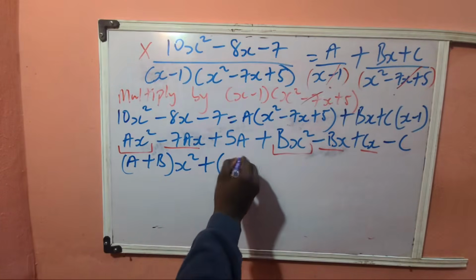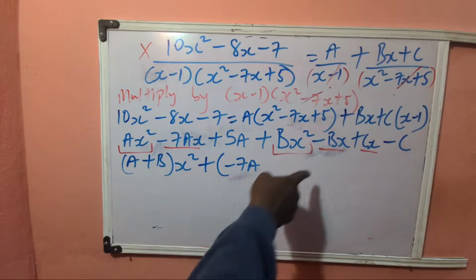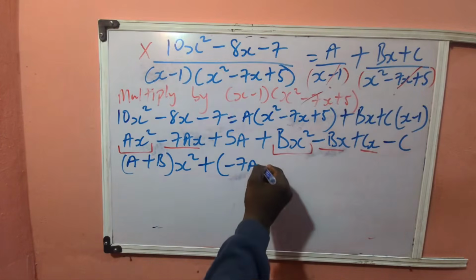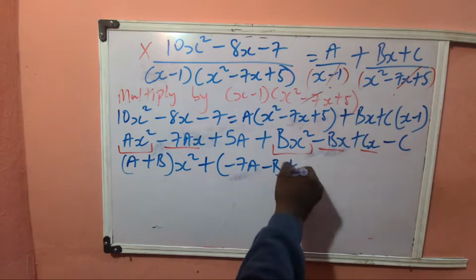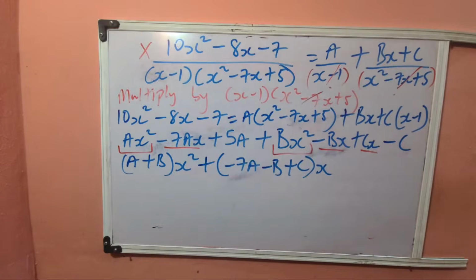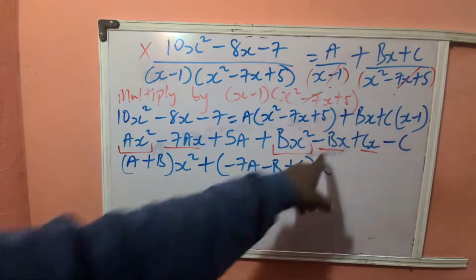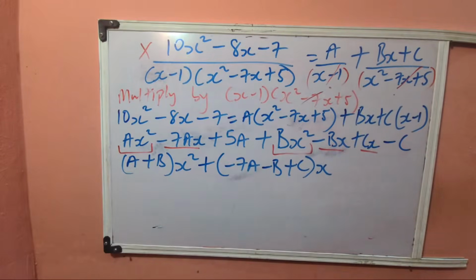I can have minus 7a. I want to factorize x out. Minus b is all that is left here. Then plus c. Then I'll put the x outside here. We have minus 7a, we have minus b, we have c. Those are the values that have x.